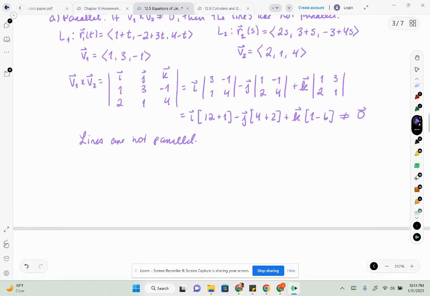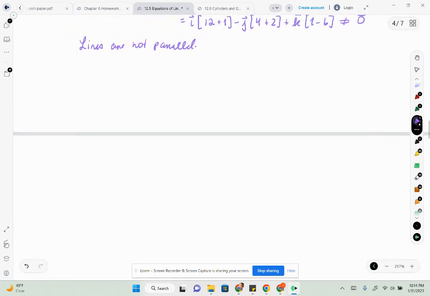But now we have to show that they don't intersect as well. So the way to do this, I'm going to move to the next page.